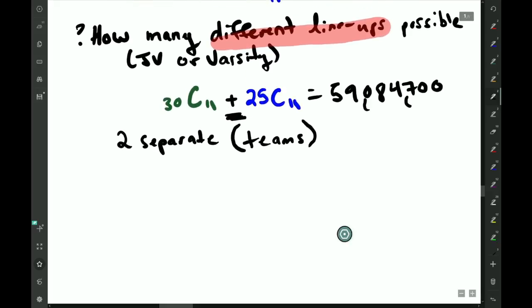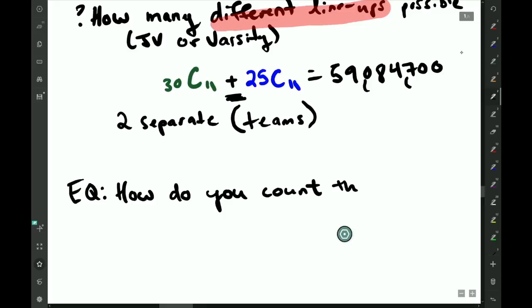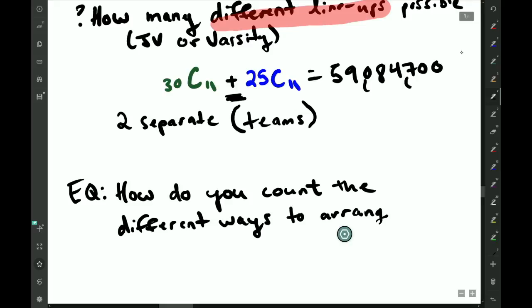So more practice will be coming your way. Your essential question: how do you count the different ways to arrange the letters in Queen?